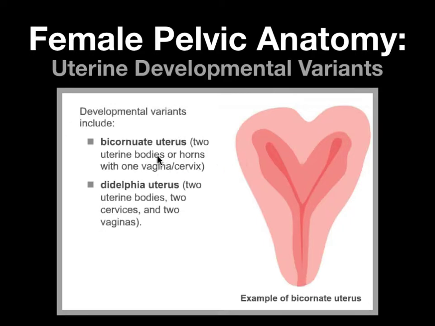One is going to be a bicornuate uterus, and that's where you're going to have 2 uterine bodies or horns and 1 vagina/cervix. And here you can see that there are 2 uterine bodies here, so this would be the right and this would be the left horn, as compared to a didelphic uterus where you have 2 uterine bodies. You would also have 2 cervices and 2 vaginas.